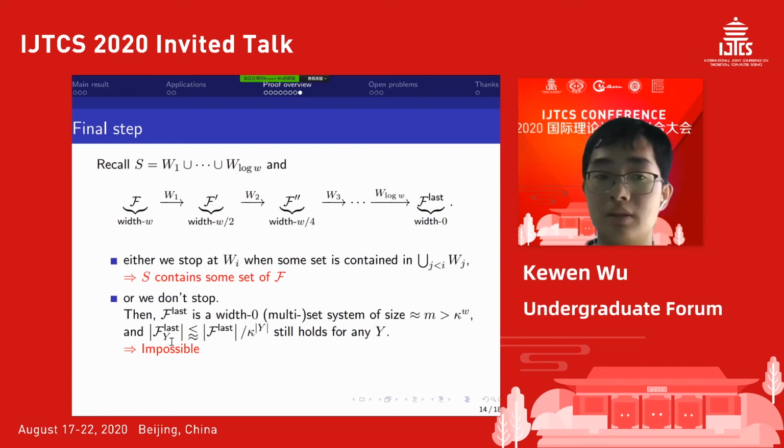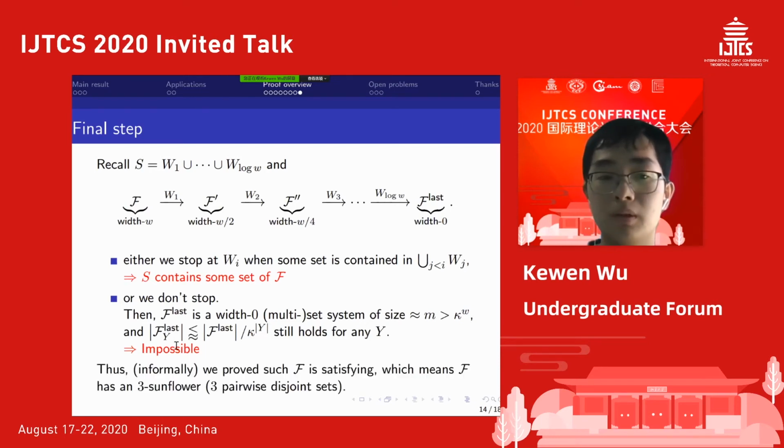And we can find this is impossible because the only set with width 0 is the empty set. Therefore, informally, we prove that such a pseudo-random set system F is satisfying, which means that this set system F will have 3 pairwise disjoint sets to form a 3 sunflower.